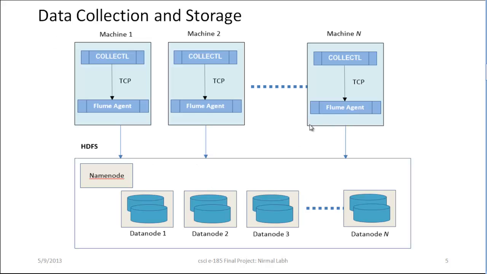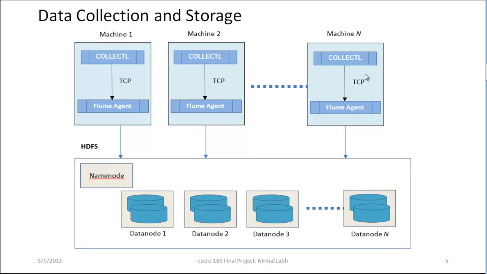Okay. So here's the big picture. What we see here, machine 1, machine 2, machine n, are the real machines that are to be monitored. What I've picked up is CollectL. It's an open source utility to collect OS metrics, all of the CPU and I/O related metrics.